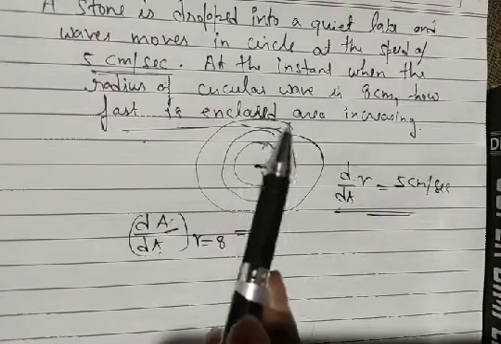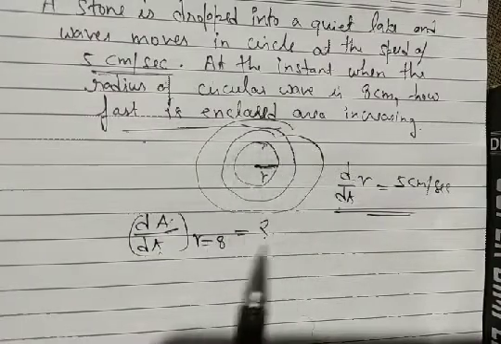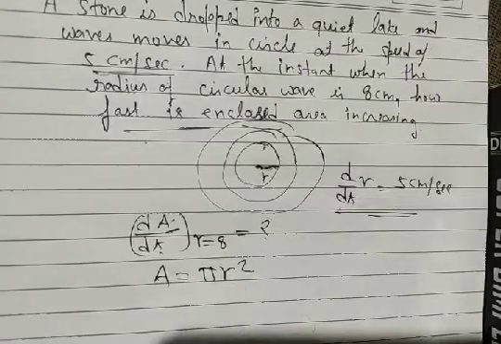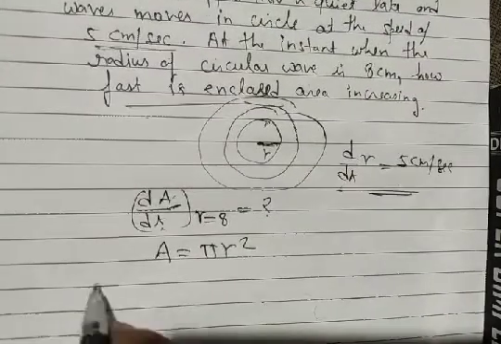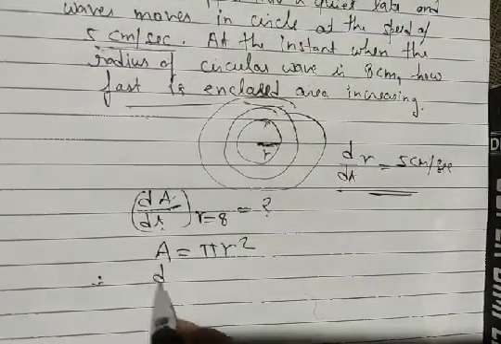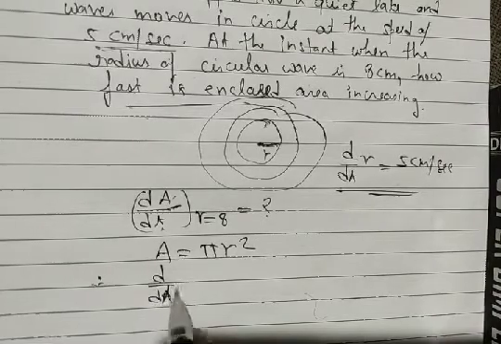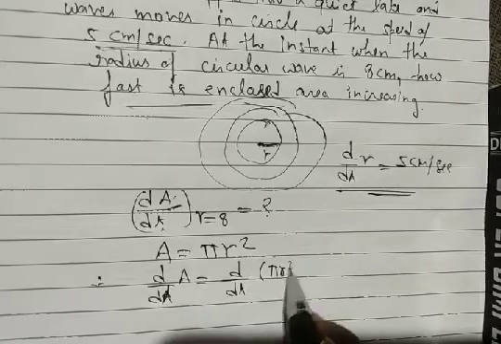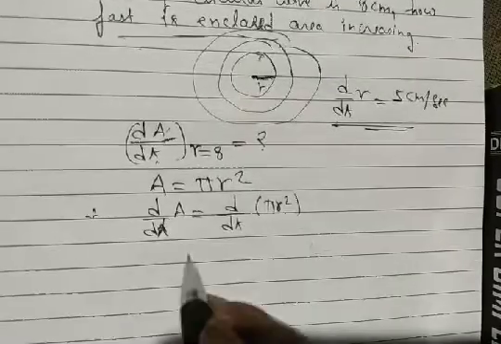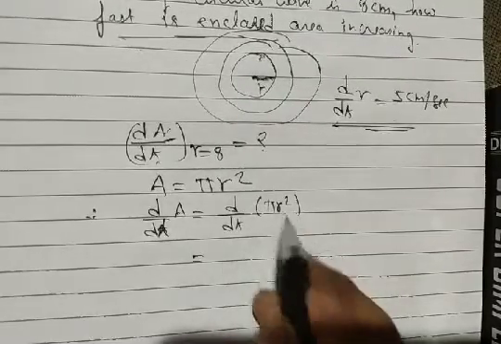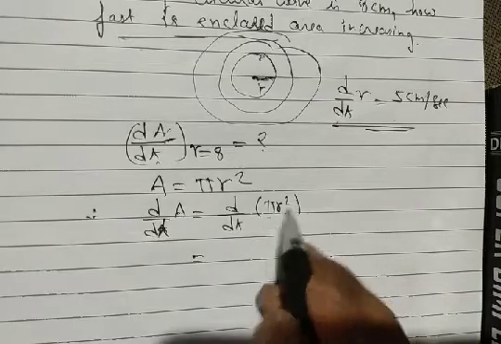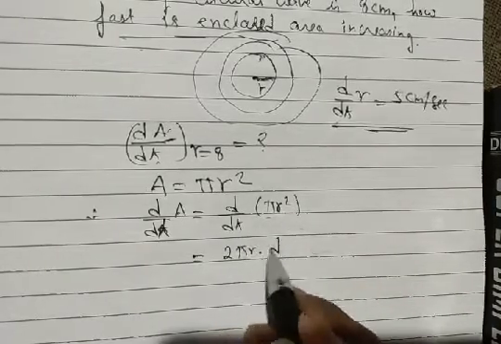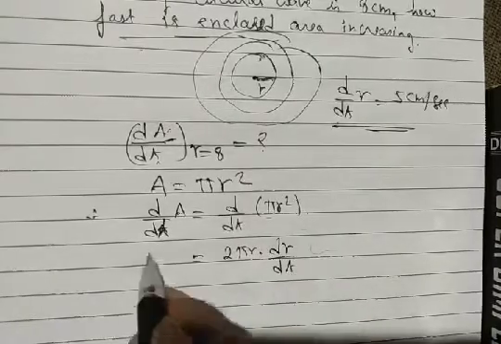When we drop a stone, waves move in a circle form. Then the area of a circle is given by A equals pi r squared. Now dA/dt is d/dt of pi r squared. Pi is constant, so we get 2 pi r dr/dt.